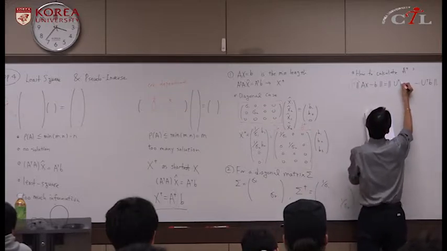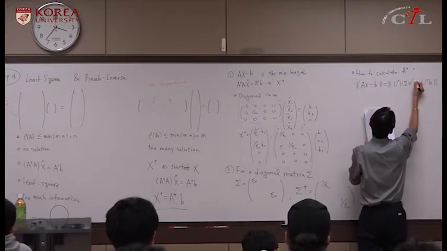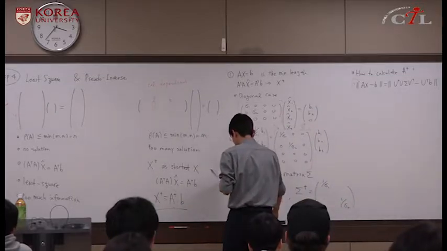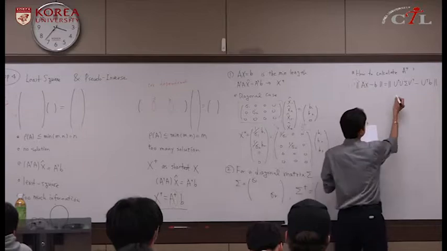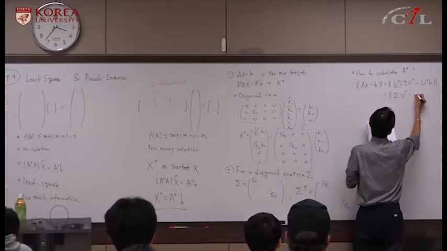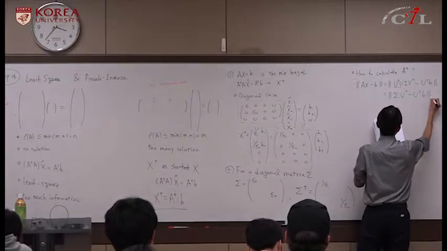Then A is decomposed as U sigma V transpose. Then U transpose times U gives identity, so it's the length of sigma V transpose X minus U transpose B.